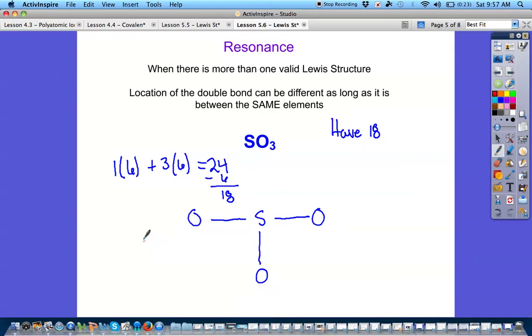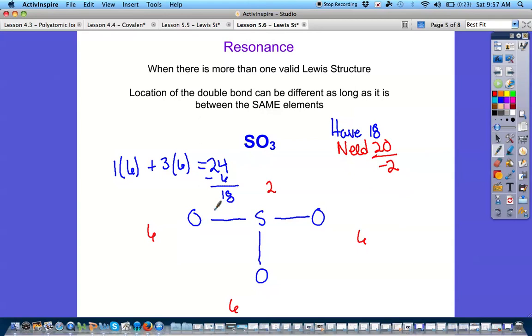Each oxygen is sharing 2, so it's going to need 6. Sulfur is sharing 6, so it needs 2. So we have 18. We need 20.